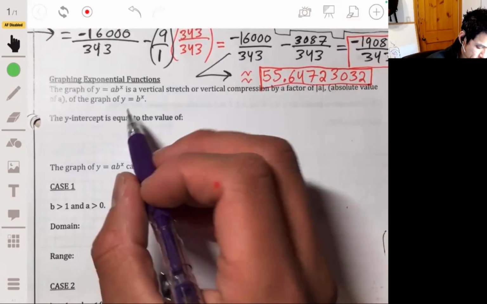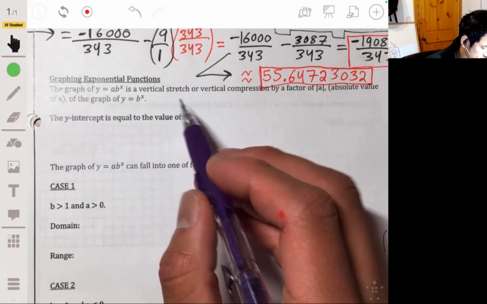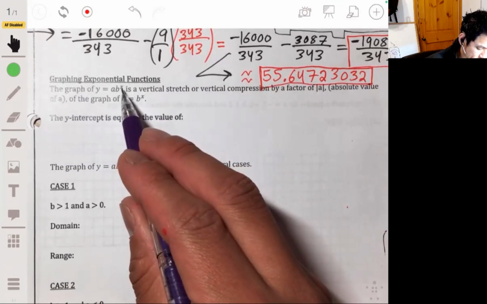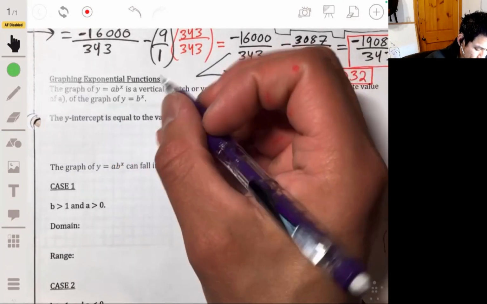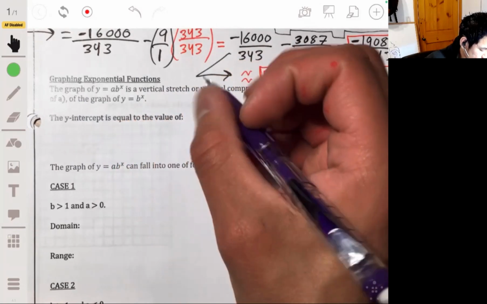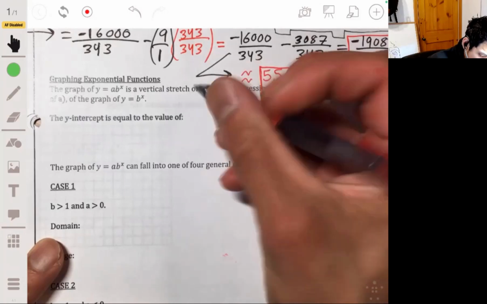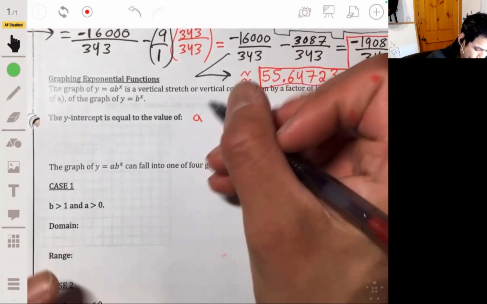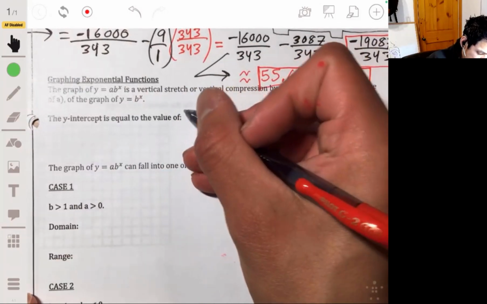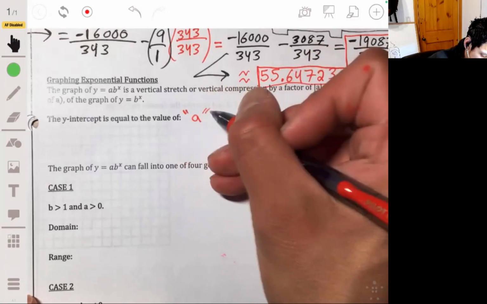But here I go. So we have this graph of y equals a times b to the x power. The y-intercept is going to be equal to the value of a. I'm going to put this in parentheses. I'm never sure if I should put it in parentheses, but I am.